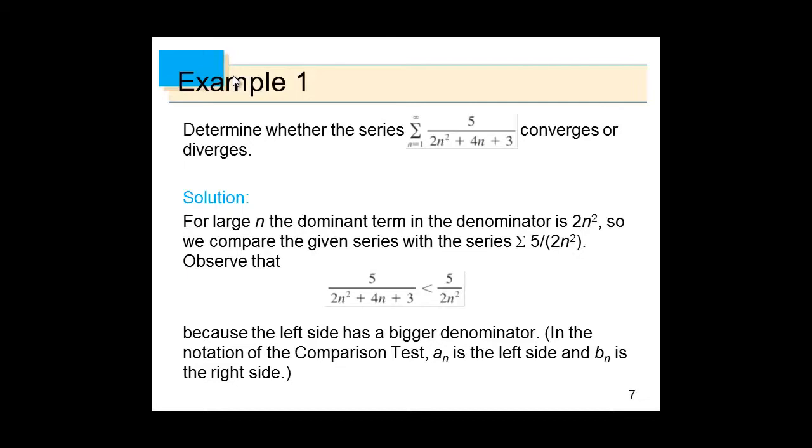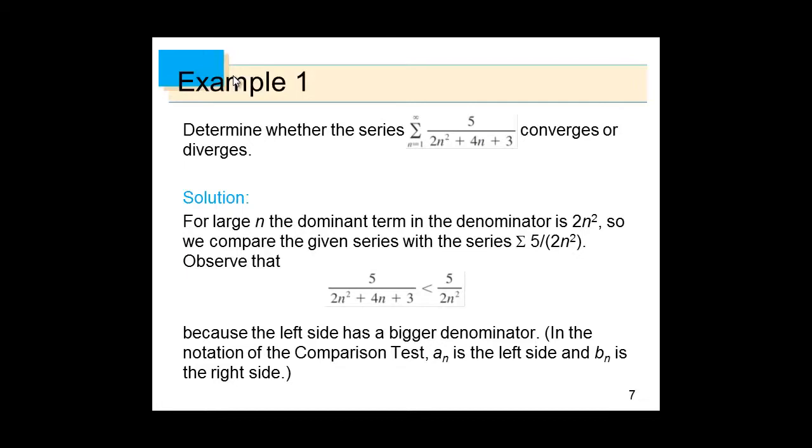So you're dividing the same number 5 by a bigger denominator, so the ratio on the left has got to be smaller than the ratio on the right. Is that making sense? It's like saying 2 over 5 is smaller than 2 over 3, right? 2 over 5 is smaller than 2 over 3.